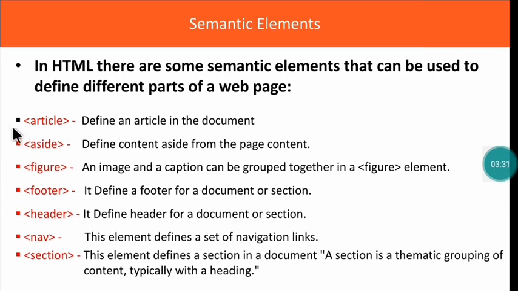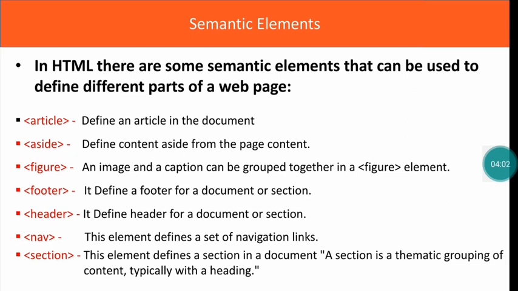Now the first tag we are going to take is called the article tag. The article tag defines an article in the document. Means in HTML, the article tag element represents a self-contained composition in a document, page, application or site, which is intended to be independently distributable or reusable, for example, in syndication.